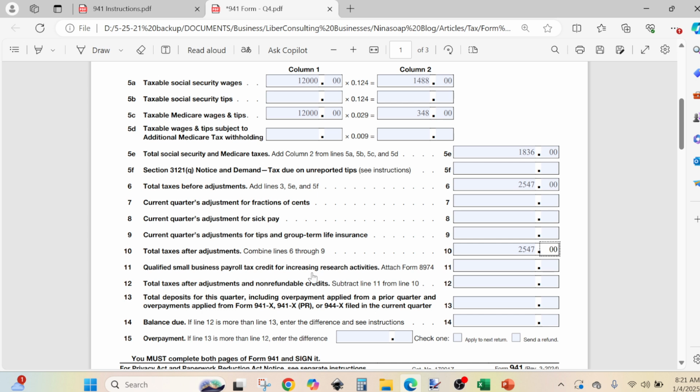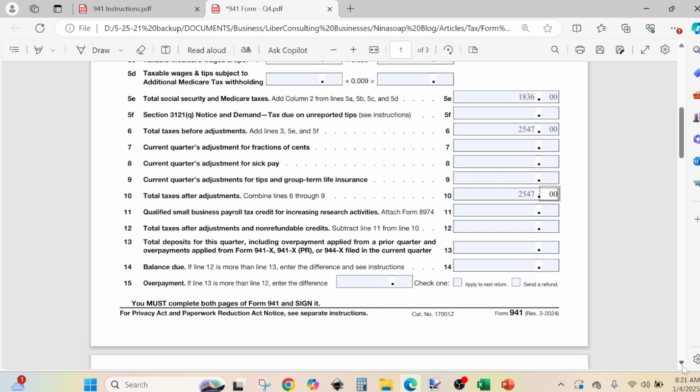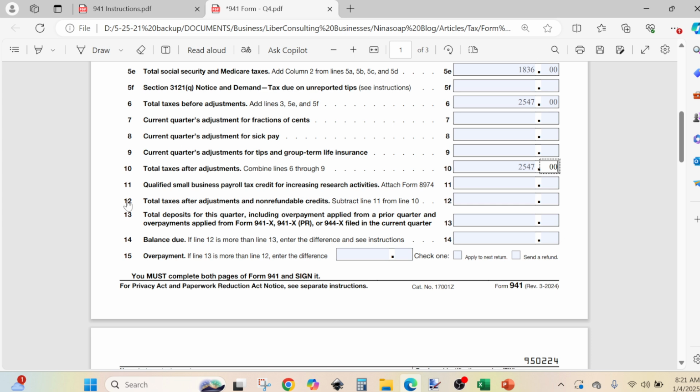If that's something you think you qualify for, Form 8974 will be completed and attached as well. Line 12, total tax after adjustment and nonrefundable credits, is line 10 minus line 11. And in this example, it's going to be 2547 because our line 11 is 0.